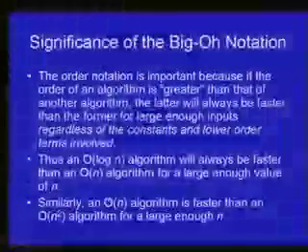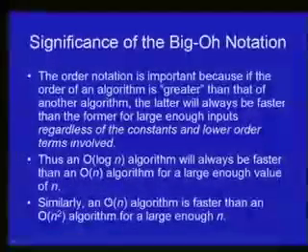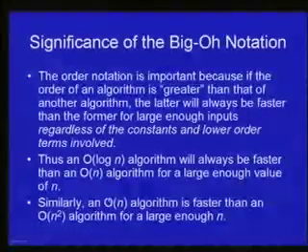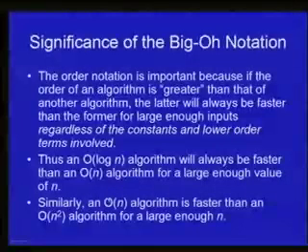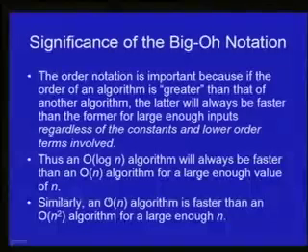Now the big O notation is very significant because it abstracts away the constants and the lower order terms. And it's important to understand that if the order of an algorithm is greater than that of another algorithm, for example order n is greater than order log n, then the second algorithm, which has a smaller order, will always be faster than the first algorithm, which has a higher order, for large enough input values, regardless of the values of the constants and lower order terms involved. So an order log n algorithm will always be faster than an order n algorithm for a large enough value of n.